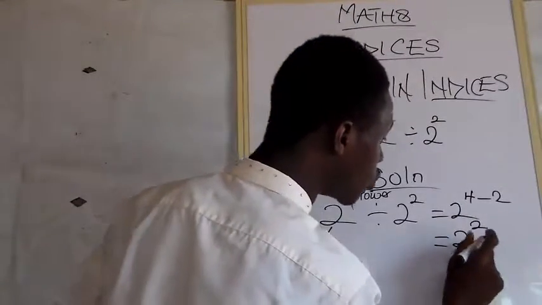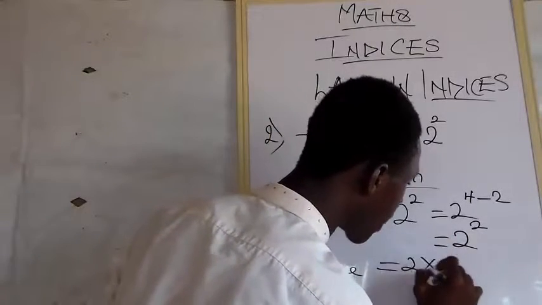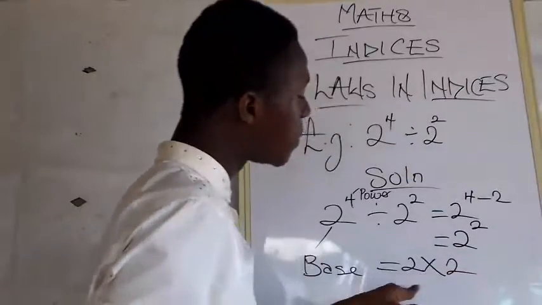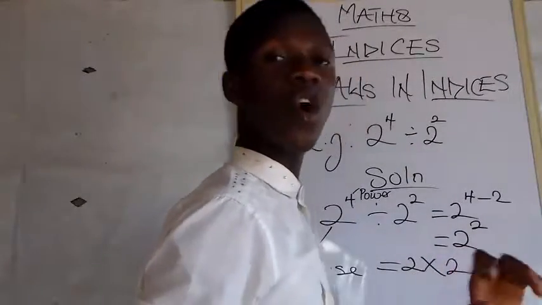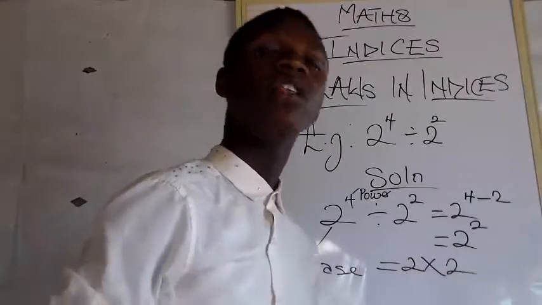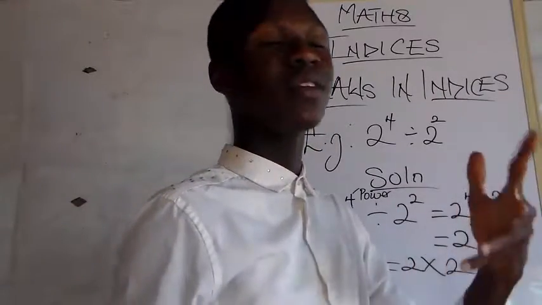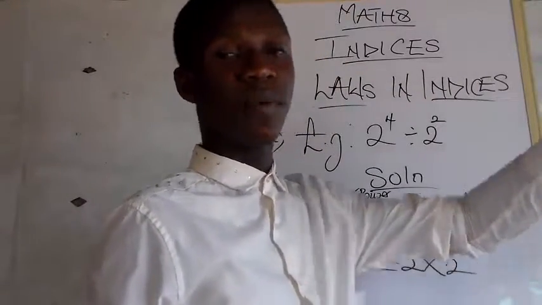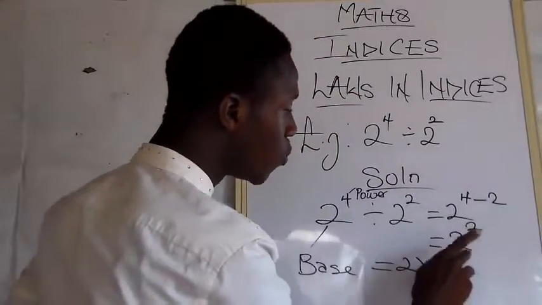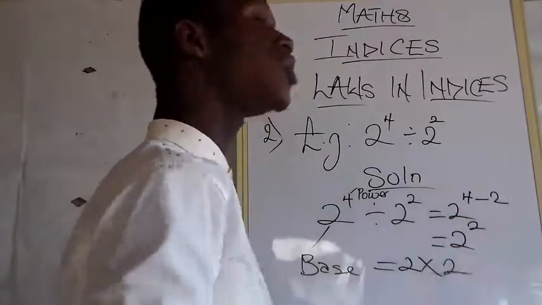Now 2 raised to the power 2, remember, is also 2 multiplied by 2. What this simply means is that whenever a number is being raised to a power, the base will be multiplied that number of times. For example, now we have 2, this 2 being the base, raised to power 2.